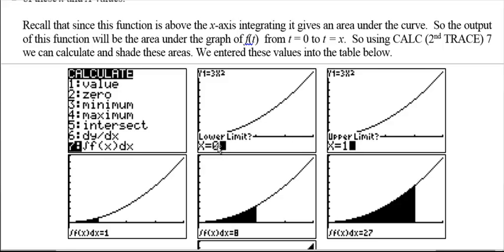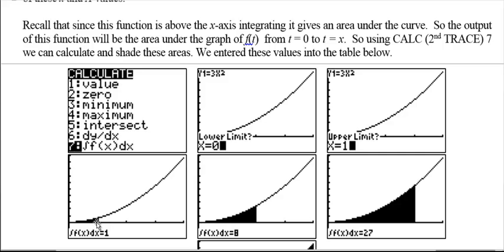You just type in a number and it'll say x equals that number. So we want to go from 0 to 1, and then hit enter, and it's going to shade this area, and that's going to be a value of 1. So now we know when x is 1, then A is 1, which is this area. Of course that's why we use the letter A, as it stands for an area.